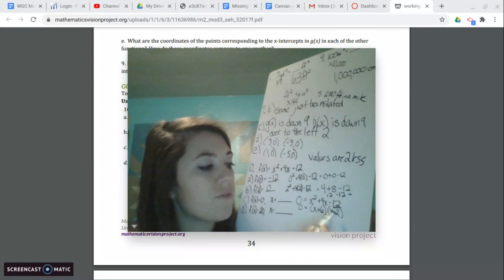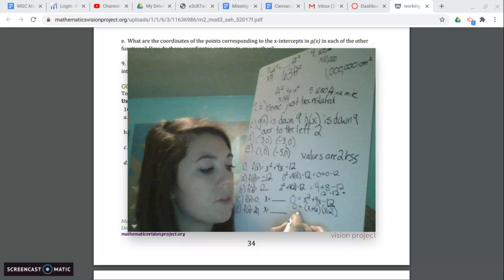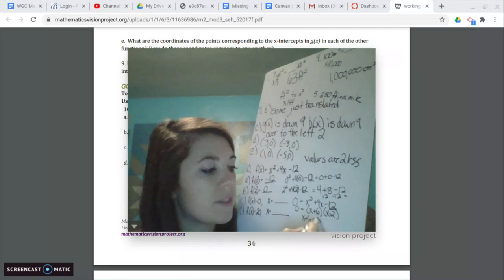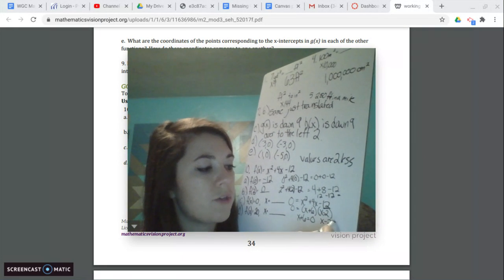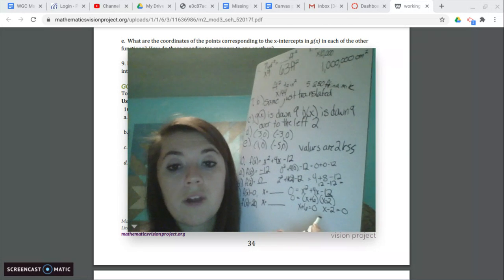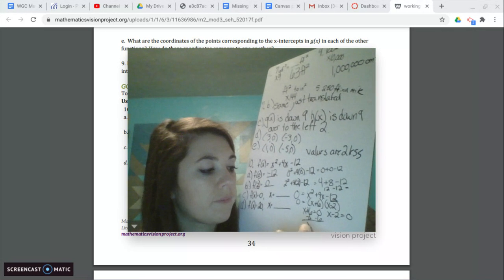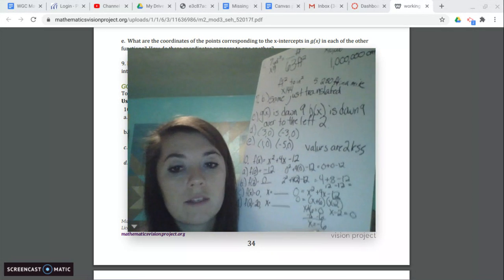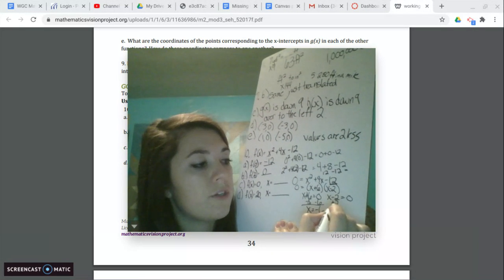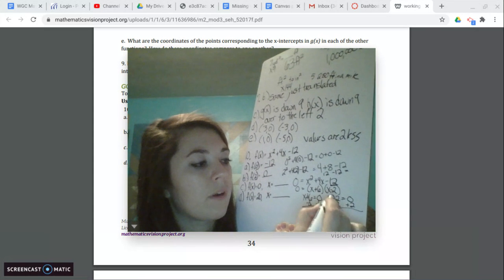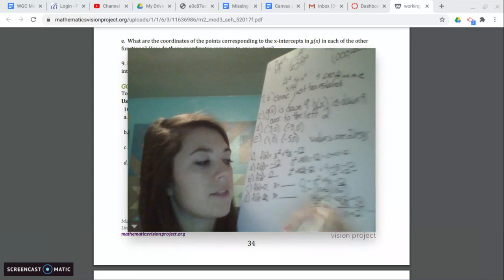So now each of these needs to be set equal to 0. So we have x plus 6 equals 0 and x minus 2 equals 0. We solve for x in both cases. So subtract 6, x equals negative 6, and add 2, x equals positive 2.